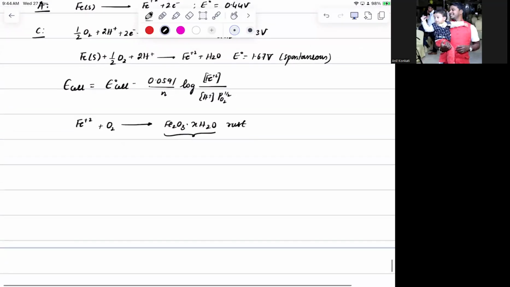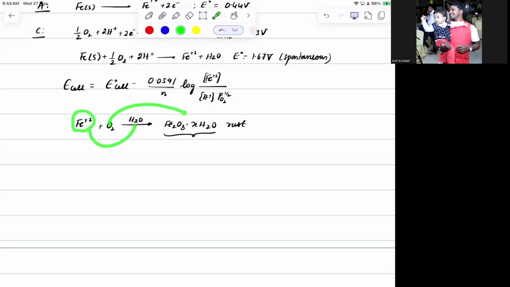Because you are doing this in moisture, Fe is getting oxidized, O2 is getting reduced here, and that's what would happen in the presence of H2O.